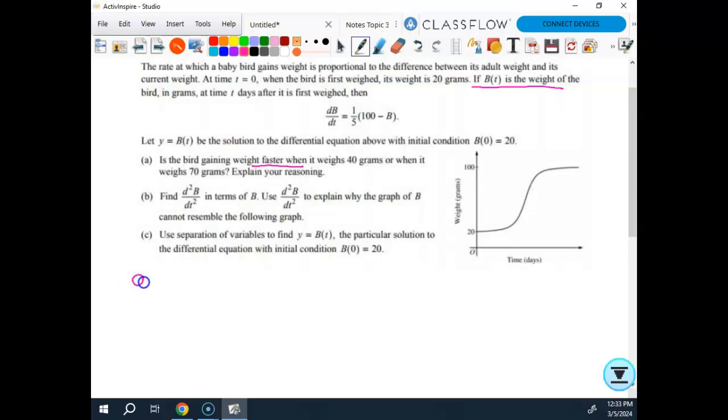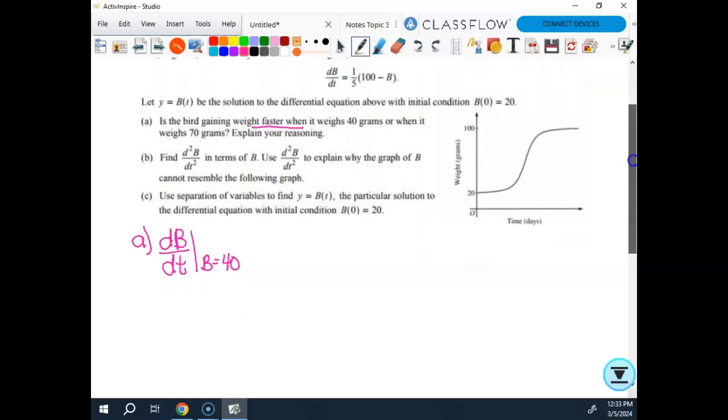Yes. So if I do dB/dt evaluated at B equals 40, that's going to give me 1/5 times 100 minus 40. So that's 60 over 5. And what is that? 12.